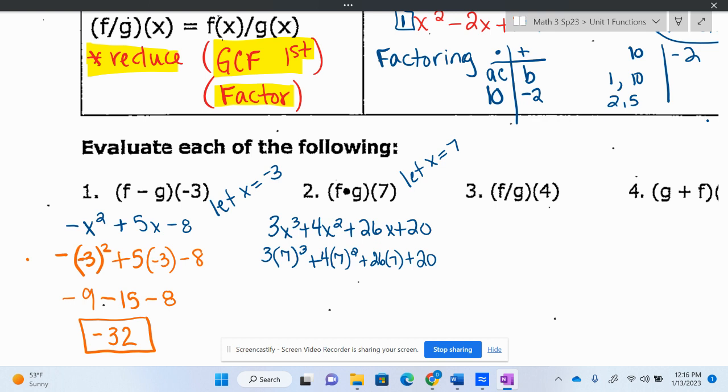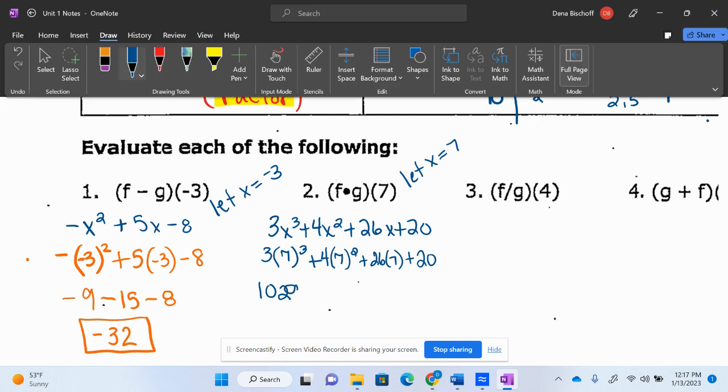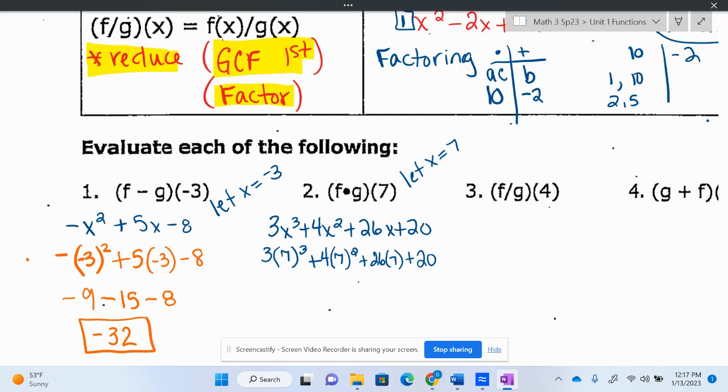Do y'all have calculators sitting out? So you can put it all into a calculator at one time, or you can use your brain. 7 squared, 49 times 7 more. 343, I think it's 1,029. Yes, actually it is.